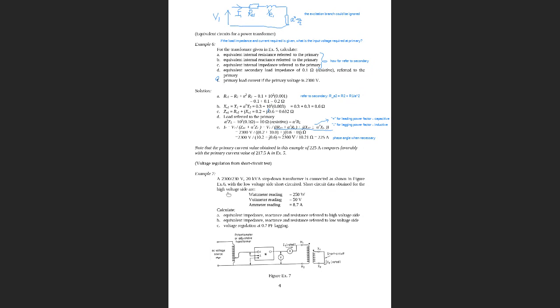We have a step down transformer, 2,300 volts primary and 230 volts secondary, rated 20 kVA, connected as shown in the figures, with the low voltage side short circuited, and short circuit data obtained for the high voltage side are given here.